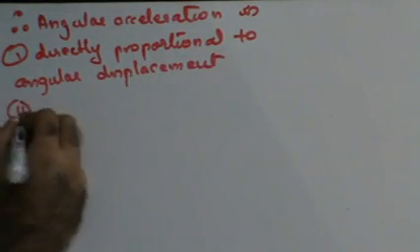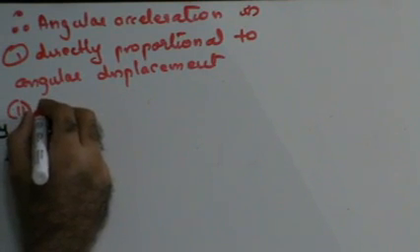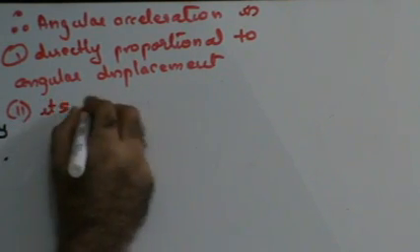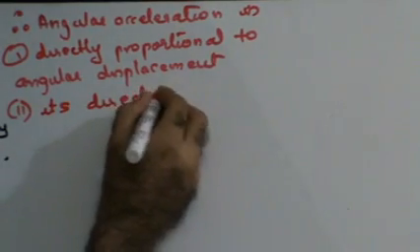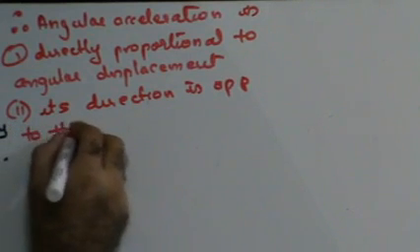And second, the negative sign indicates that it is in the opposite direction. That means the angular displacement and angular acceleration are in opposite directions, and its direction is opposite to that of angular displacement.